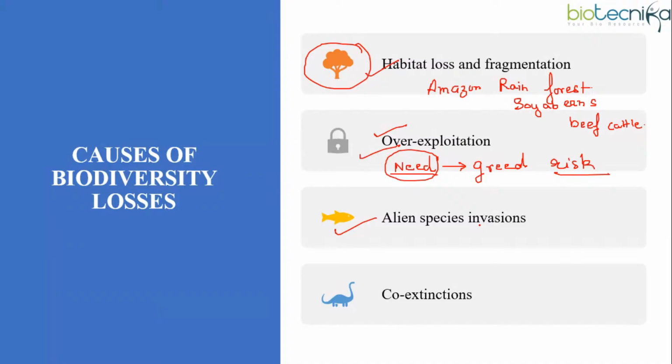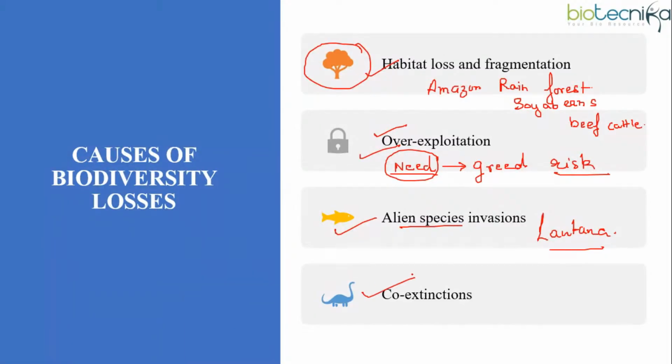I'm sure you must be familiar with the environmental damage and threat posed to our native species by invasive weed species like carrot grass, water hyacinth, and lantana. Illegal introduction of African catfish for aquaculture purposes is also posing a threat to indigenous catfishes in the rivers. So even alien species invasions are causing the loss of biodiversity.